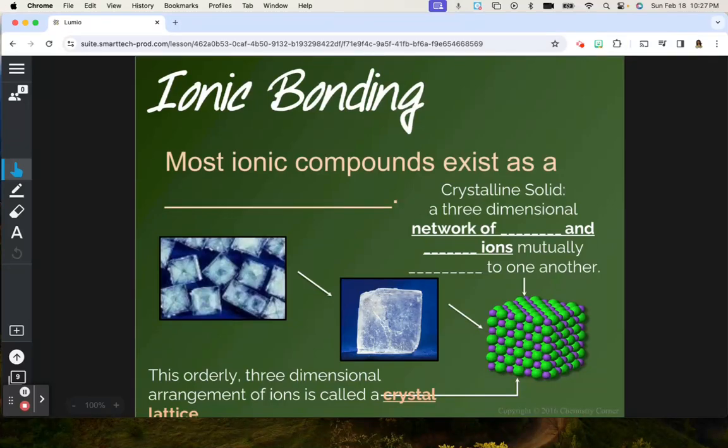We have ionic bonding. Most ionic compounds exist as crystalline solids.